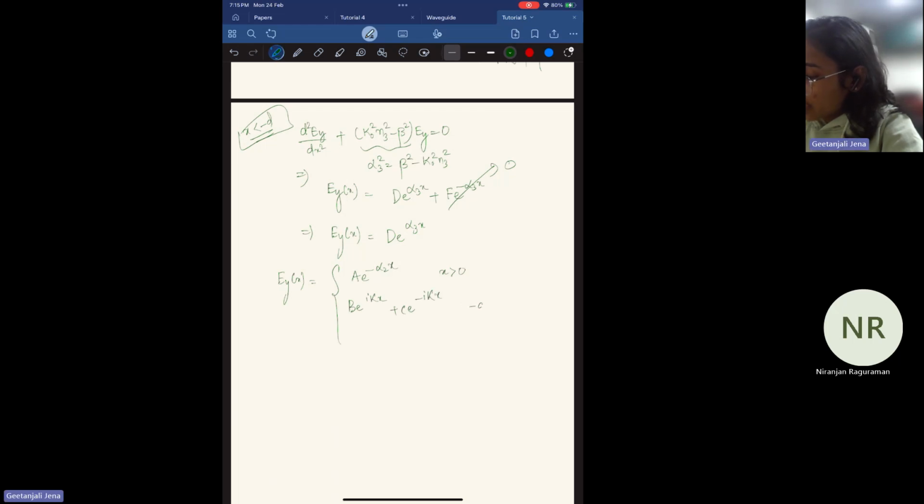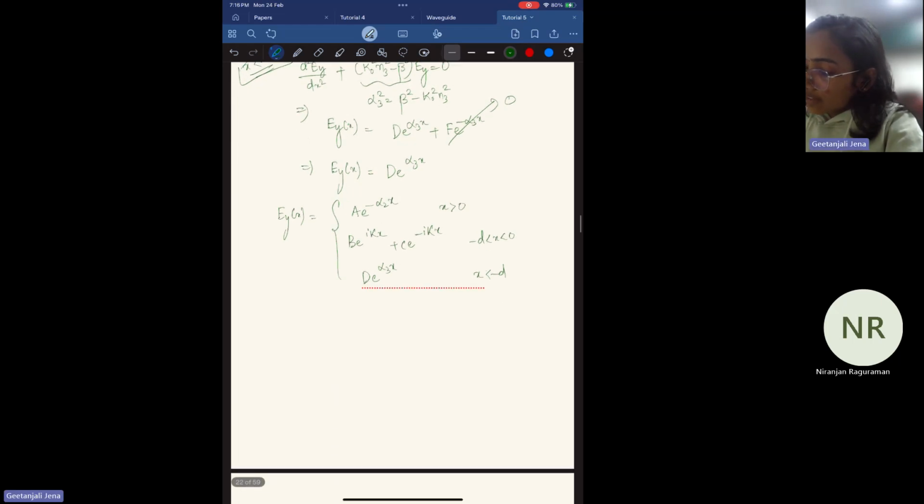And in the third region we have d e to the power alpha 3 x. So at the boundary, we just need to equate the field values.